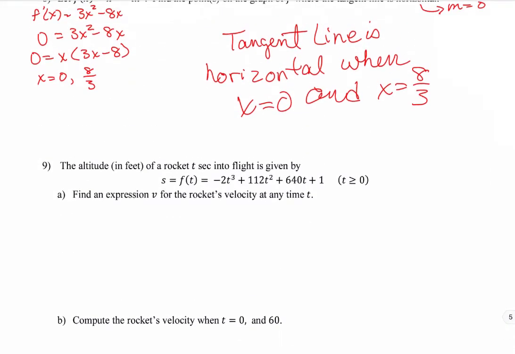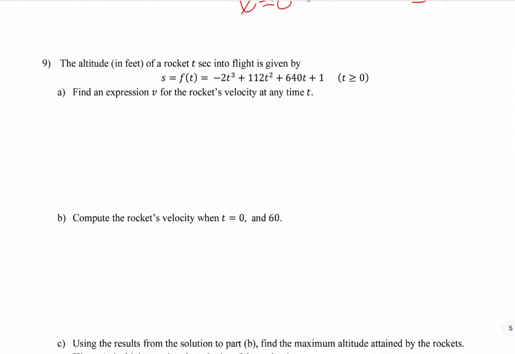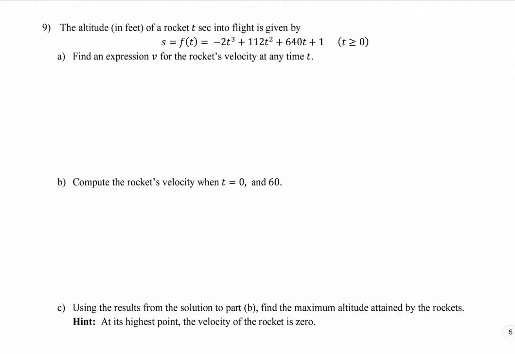Okay, give you another chance to look at that. So next, we're talking about velocity. So, first thing I want to do is I've given you the distance formula or the altitude in feet or the position formula. And so first I want you to tell me the velocity.